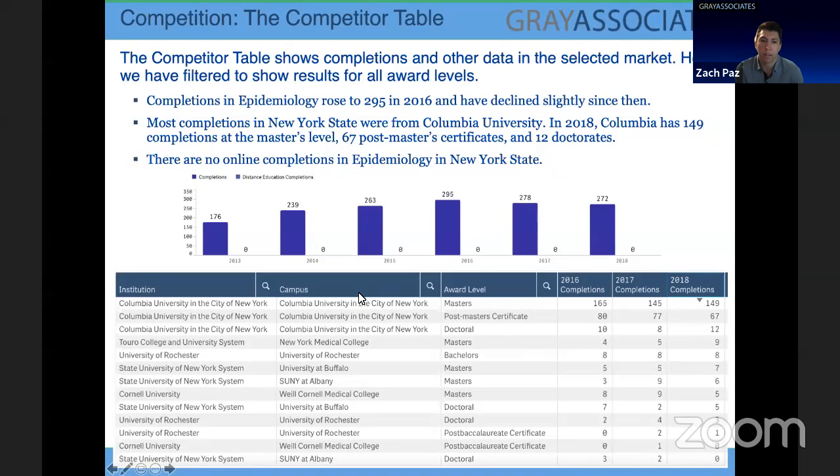This is by far the largest institution in New York, and that's really what's driving up the average program size. We then see a few other programs. If we're looking at just the master's, they're all between 6 and 9 graduates. If you estimate this to be a 2-year program, this could be a program where you have 20 to 30 students at any time.